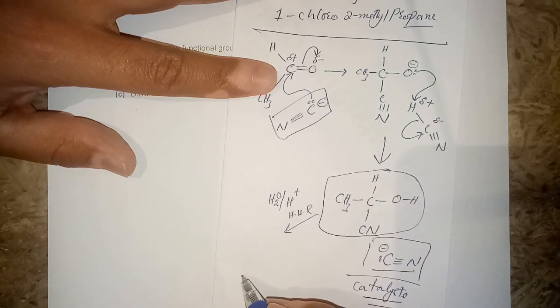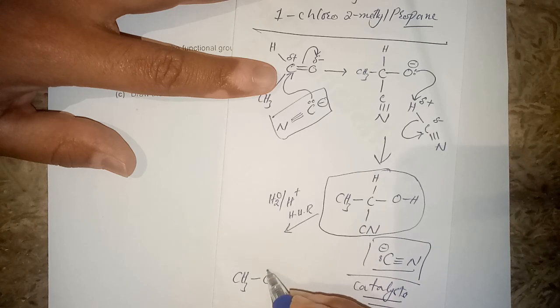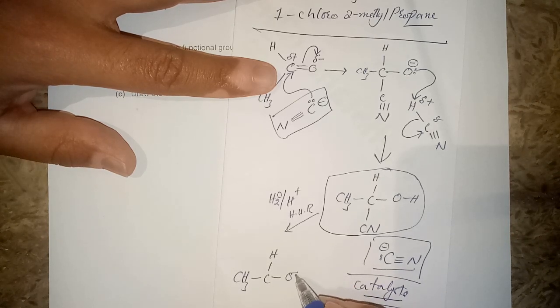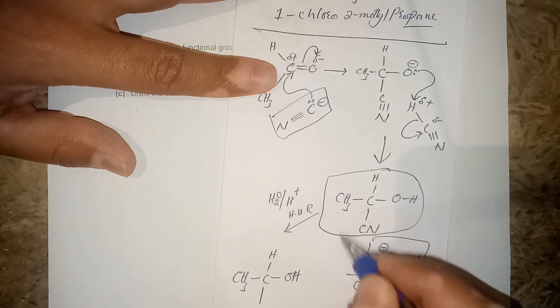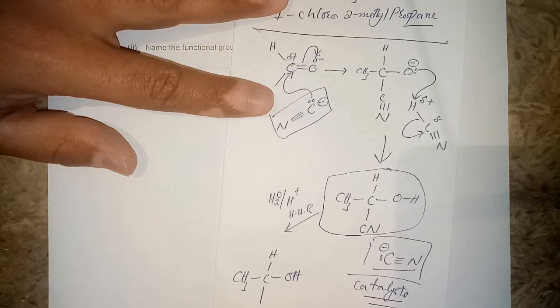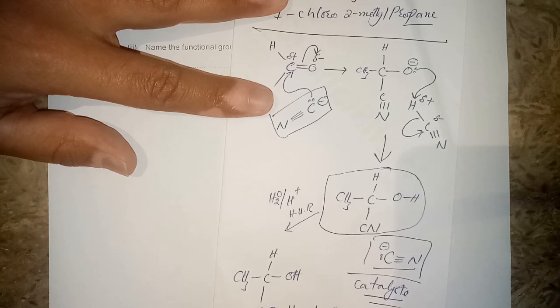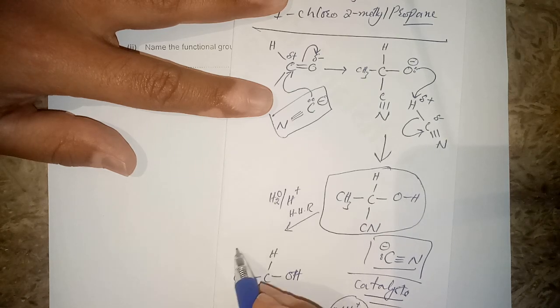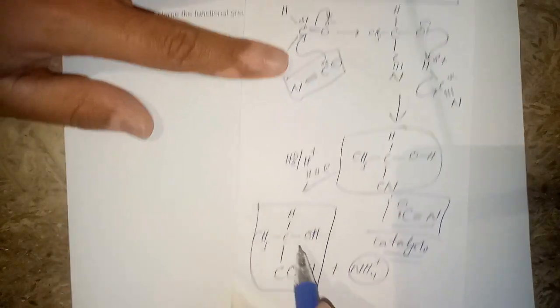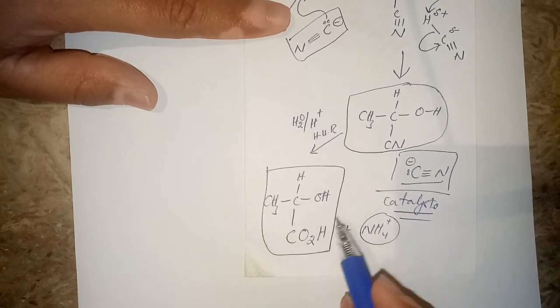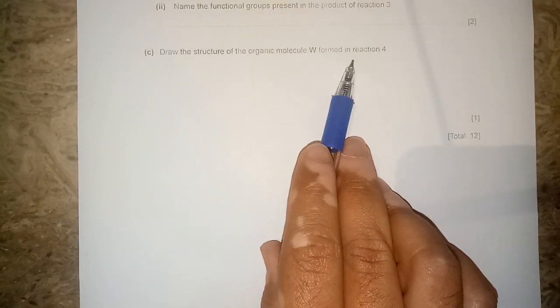As a result, this compound is hydrolyzed, producing CH3, CH, OH, but the CN is hydrolyzed into CO2H, producing ammonium ion. But as we have to mention only the organic product, this is the organic product. So this is the structure of the organic product W. Got it? Hopefully you understand.